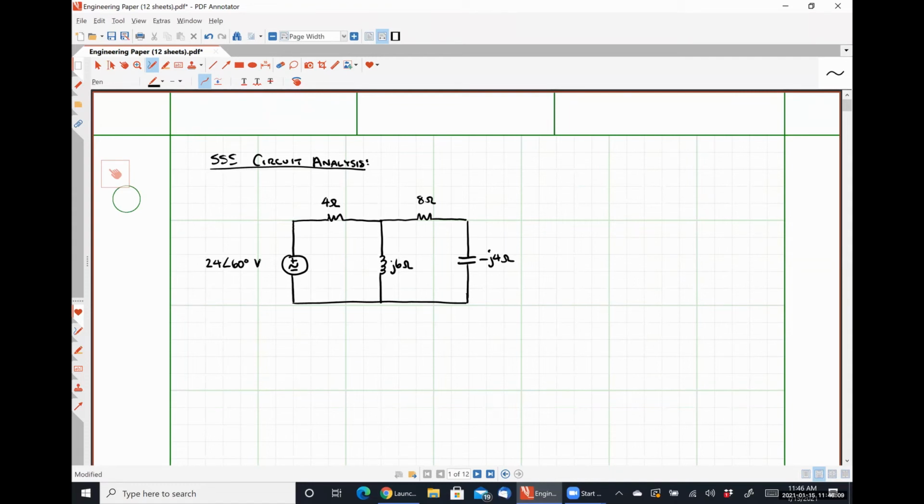And I'm going to define some currents. There's a phasor current I1 that we might be interested in, a phasor current I2, a phasor current I3, and I'm going to give you some voltages as well. So a phasor voltage V1 that we could be interested in, and a phasor voltage V2.